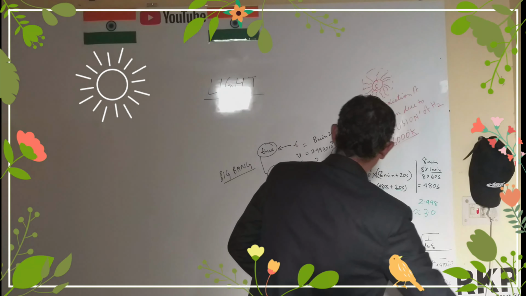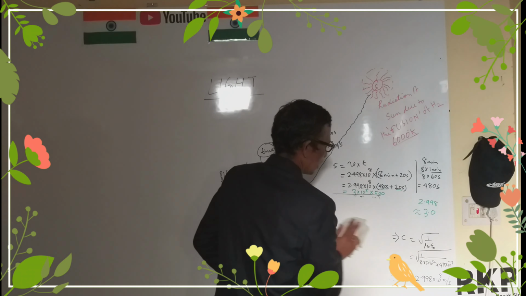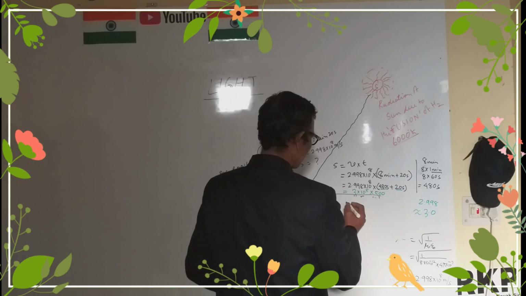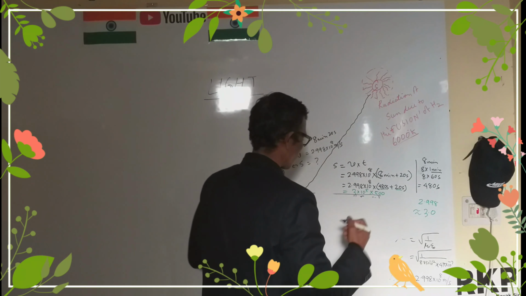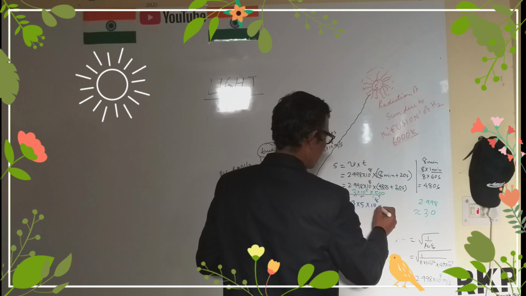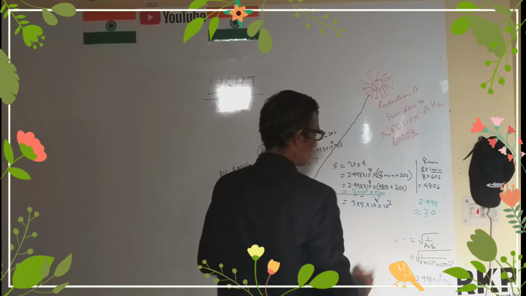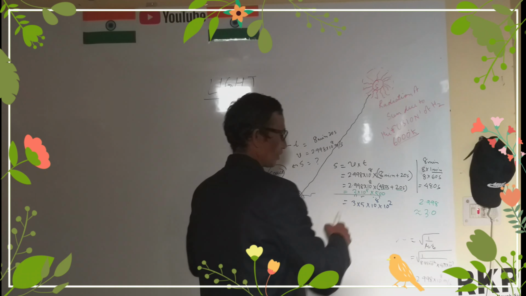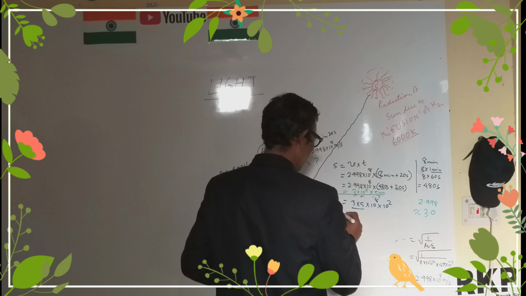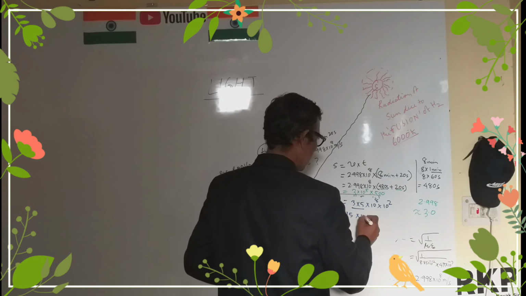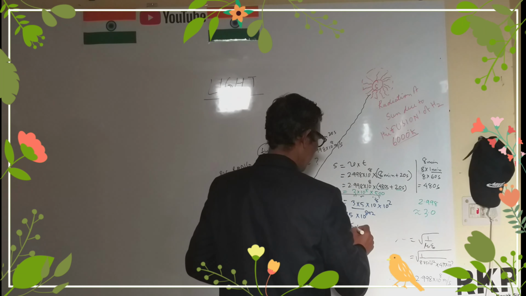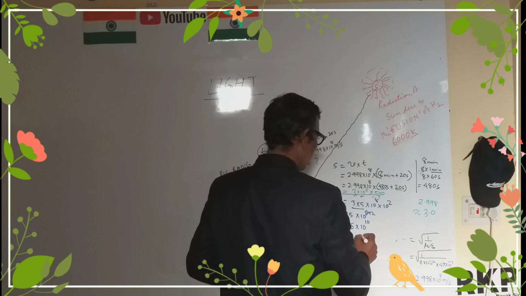Now proceed ahead. Three into 5 is 15, and 10 to the power 8 and 10 to the power 2 give 10 to the power 10. That is 15 into 10 to the power 10.